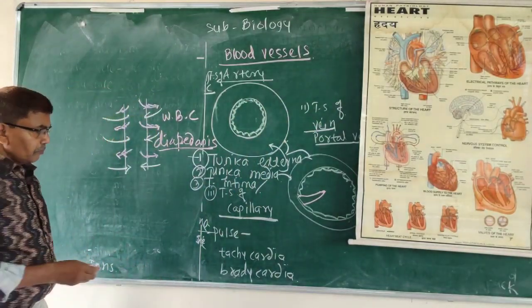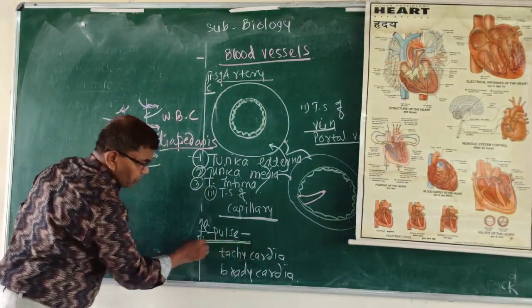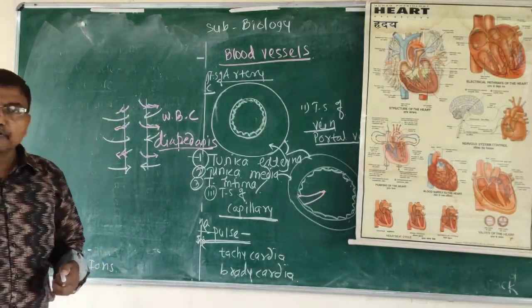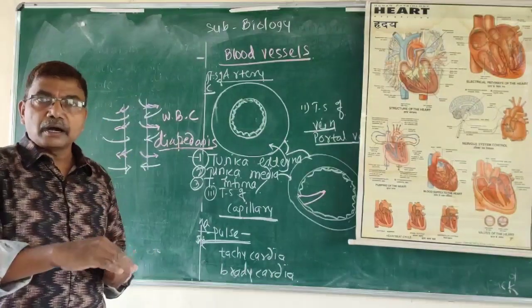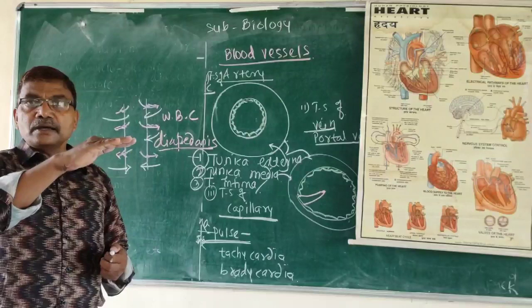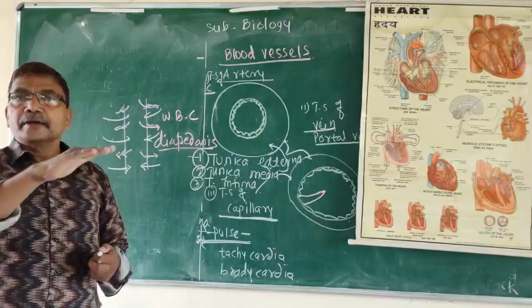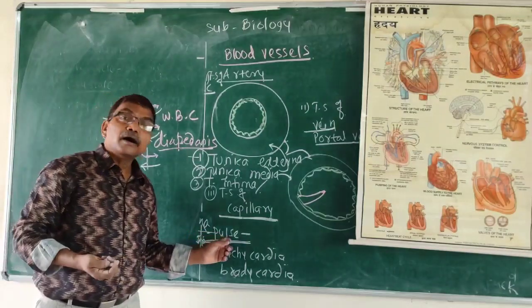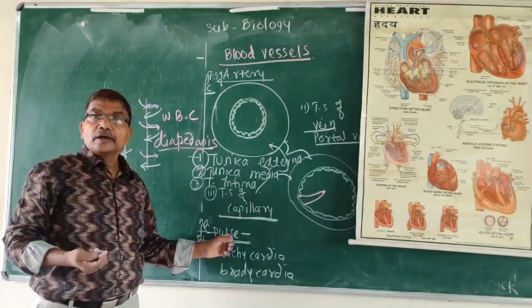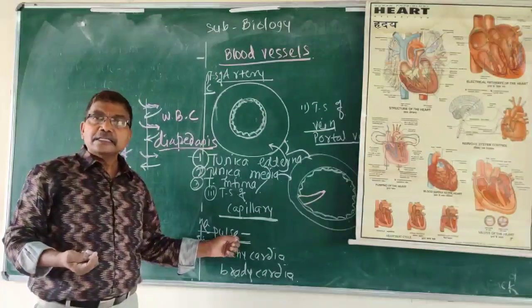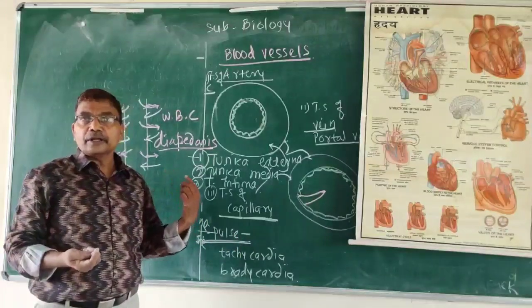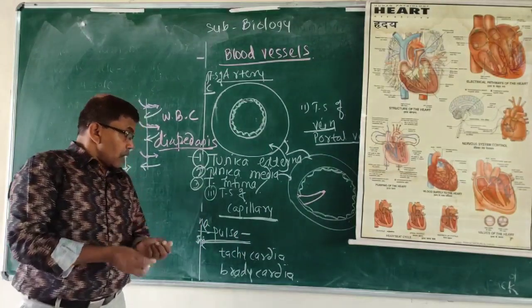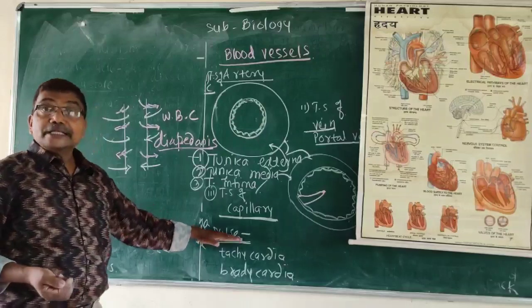We know that during ventricular systole, blood forcefully enters the arteries and a wave is created. The waves created in the arteries are easily detected in the carotid and brachial arteries. These are called pulse.